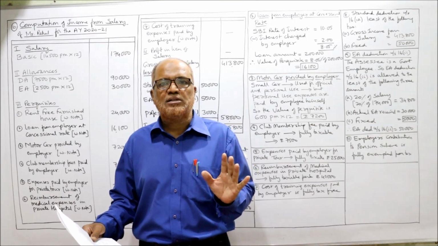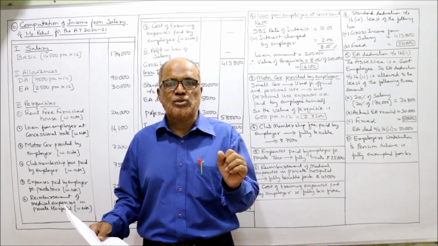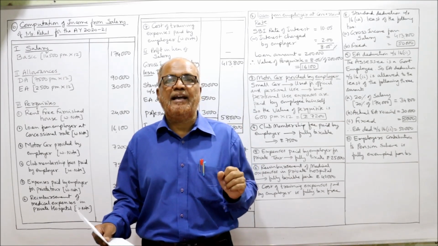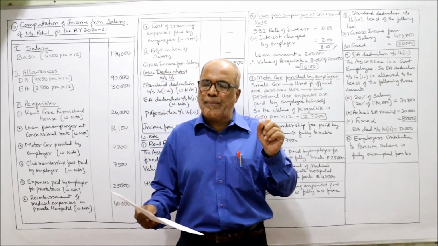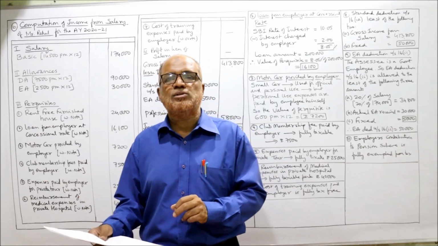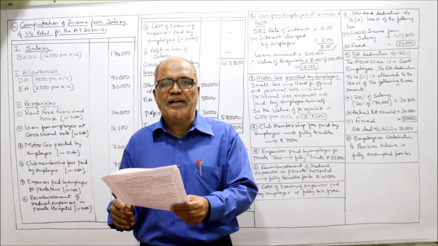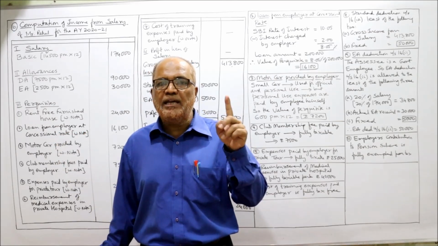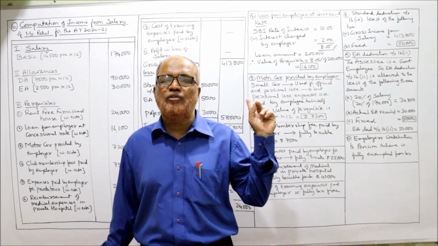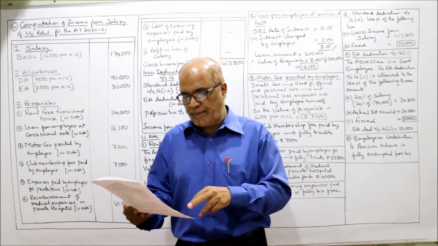That is the value of the perquisite. 1,500 per month into 12, 18,000, plus 10% of the cost of furniture provided. 60,000, 10%, 6,000. Then entertainment allowance EA, fully taxable, but later on EA deduction under section 16(2) will be allowed because the assessee is a government employee.